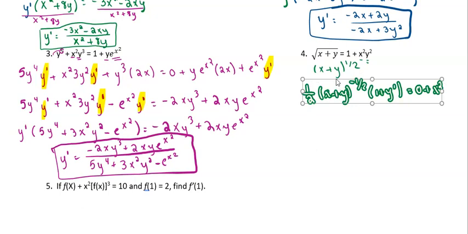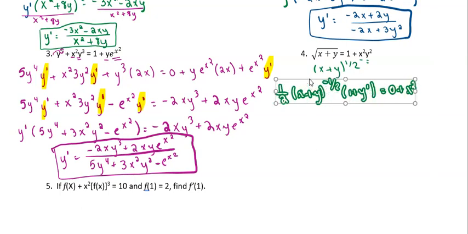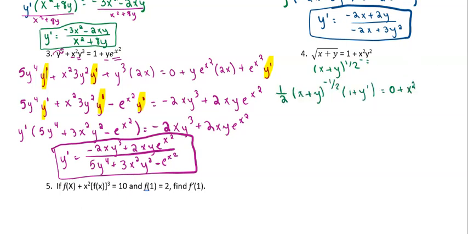Let me move this over a little bit so I have a little more space. So then we can look at the second, which is y squared, times the derivative of the first, which will be 2x.